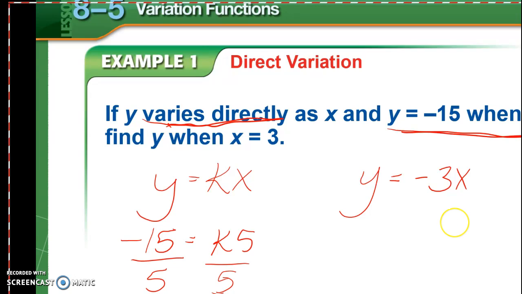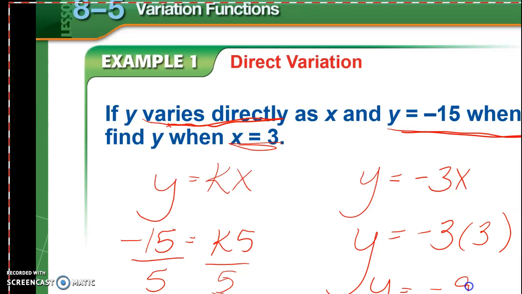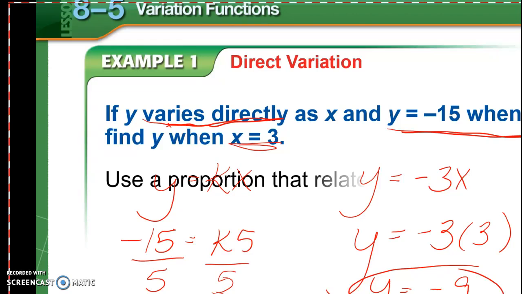And then we can use that to find either y or x given one or the other. In this case, we're given x and we're finding y. So y equals negative 3 times 3, or y equals negative 9, because they wanted us to find y when x equals 3. So direct variation should have you thinking multiplication.